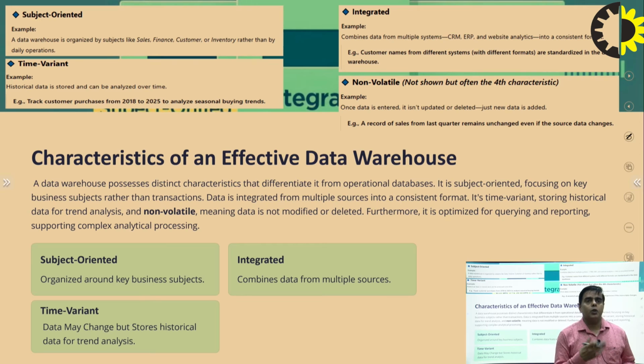Suppose my name is Mradul Jain, and from one source I am getting my name as simple Mradul. From another source I am getting Mradul Jain, from another M Jain, and from another MJ. So all the sources are providing the same data, but in different formats.